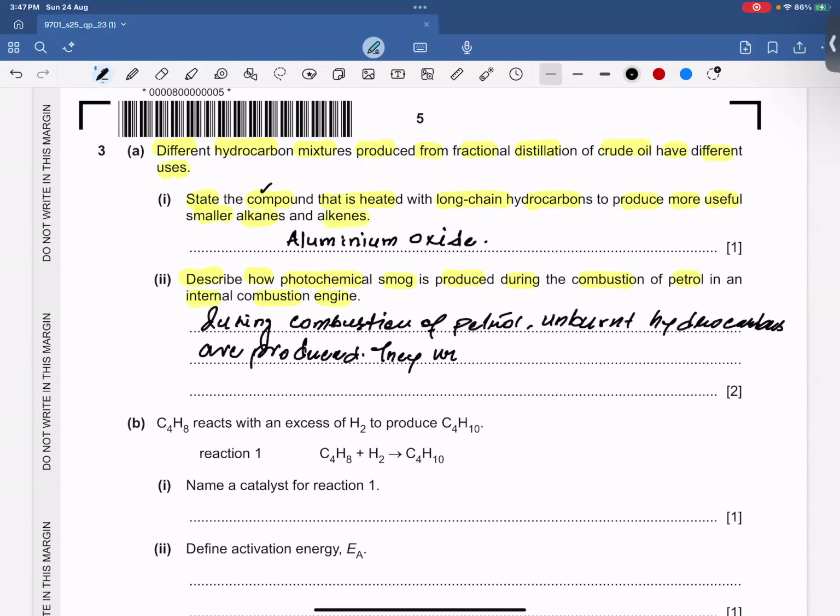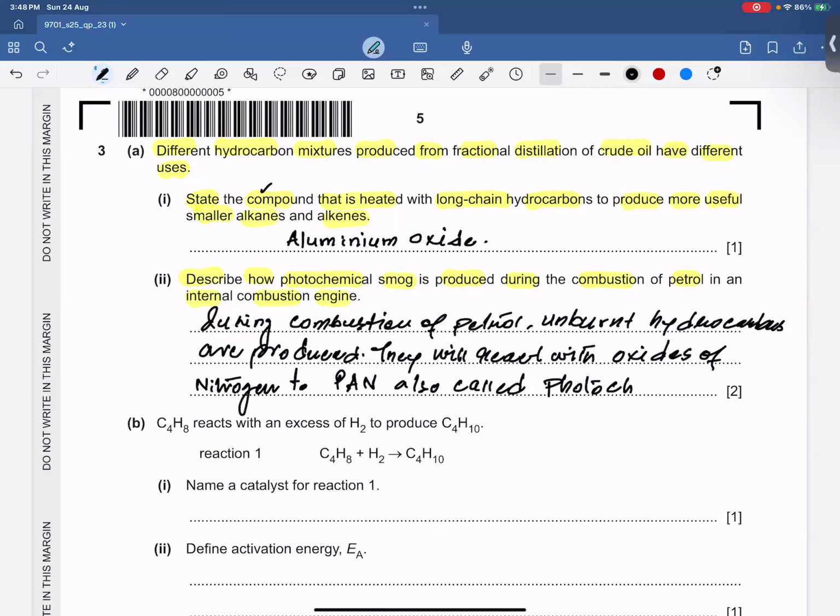They will react with oxides of nitrogen to give PAN, also called photochemical smog. Okay.